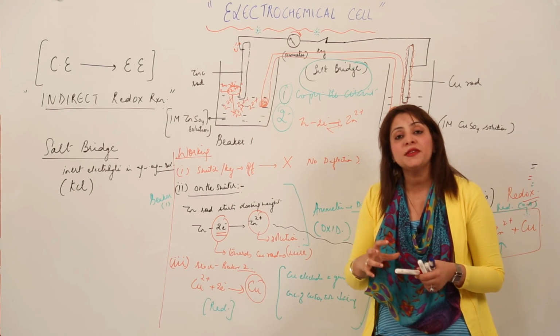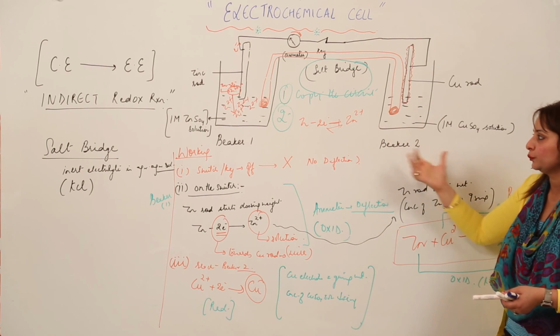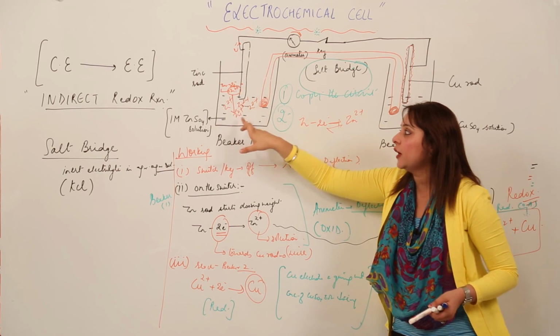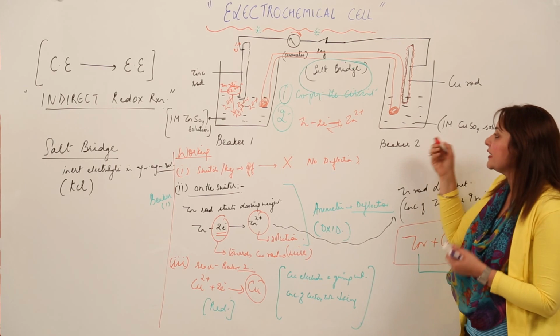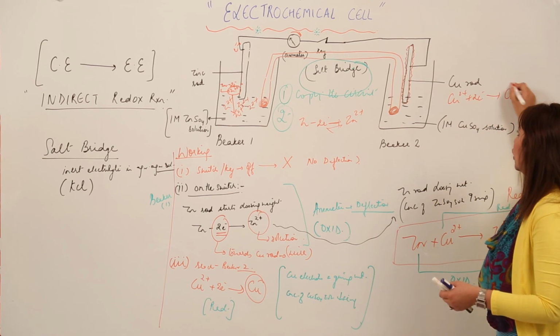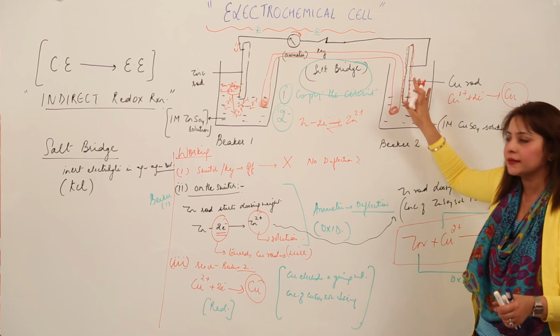But there is still a problem existing in beaker 2. So just look at it, what is the problem in beaker 2? As you can see, in beaker 1 the rod is surrounded by positive ions. What we get to see in beaker 2 is that the copper ions are gaining electrons and turning into copper atoms, and they are coated on this, right?